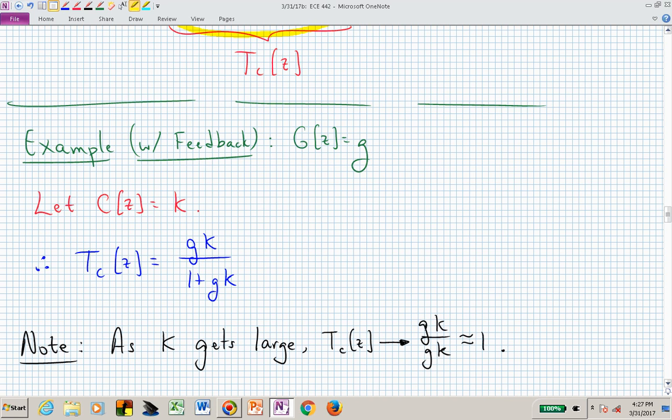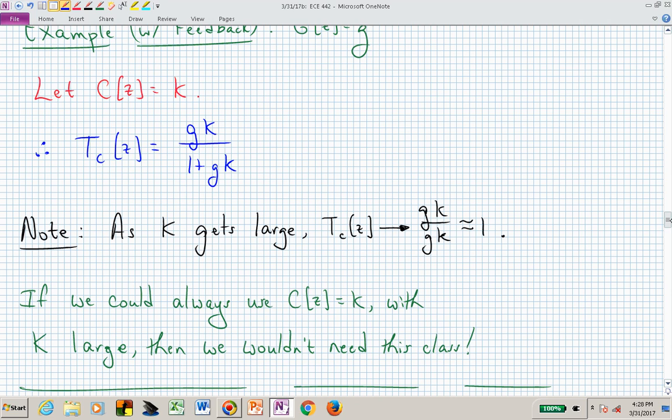Then we have T sub C of z approaching GK over GK, which is approximately 1, and that's what we wanted. We wanted our desired closed loop transfer function to be 1 so that the input R is capable of being tracked by the output Y. If T sub C of z looks like 1, then whatever we inject into the system at R will appear at the output Y.